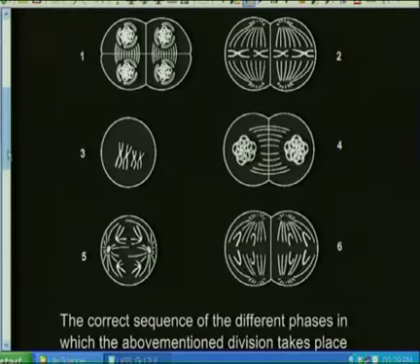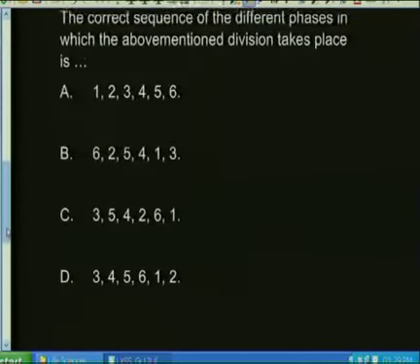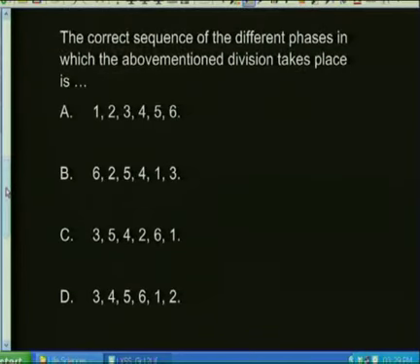So they give you the diagrams. There are 6 diagrams given to you. They want to know the correct sequence of the different phases in which the above-mentioned division takes place. And these are multiple choice questions. So the answers are 1, 2, 3, 4, 5, 6, and it goes on B, C, D.